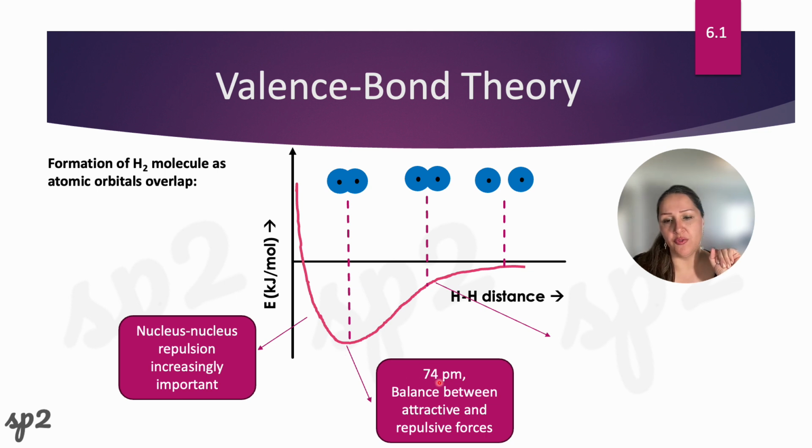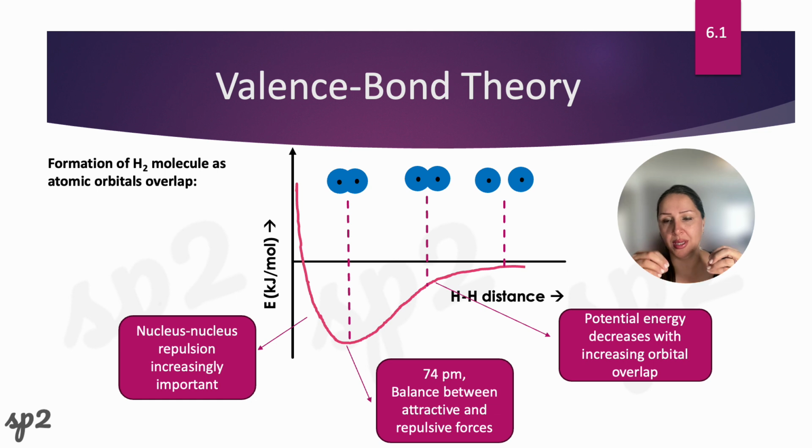It's about 74 picometers. A picometer is just a unit for distance, and it's balancing between the attractions and the repulsion between these two atoms, right? So that is pretty much the bond distance, the best distance between the two hydrogens. Now, as you pull them apart, the distance gets larger, and the energy goes up, and you get to the point where the two atoms are completely separated.